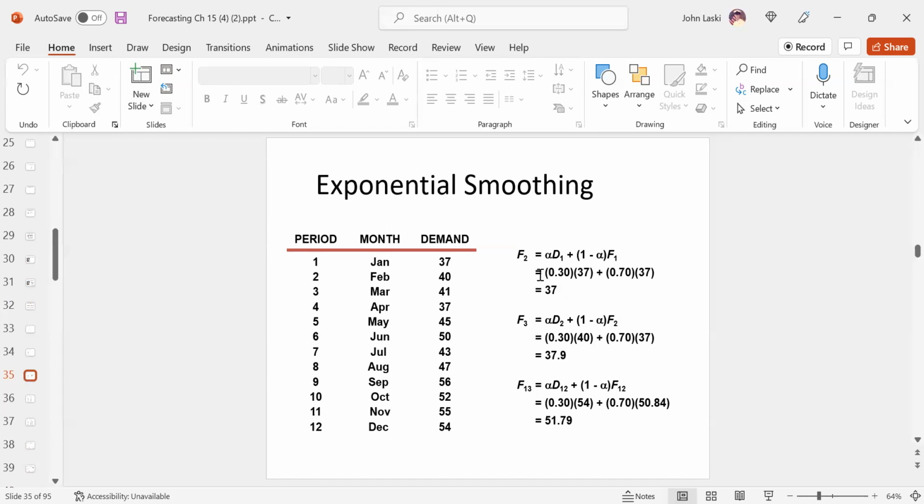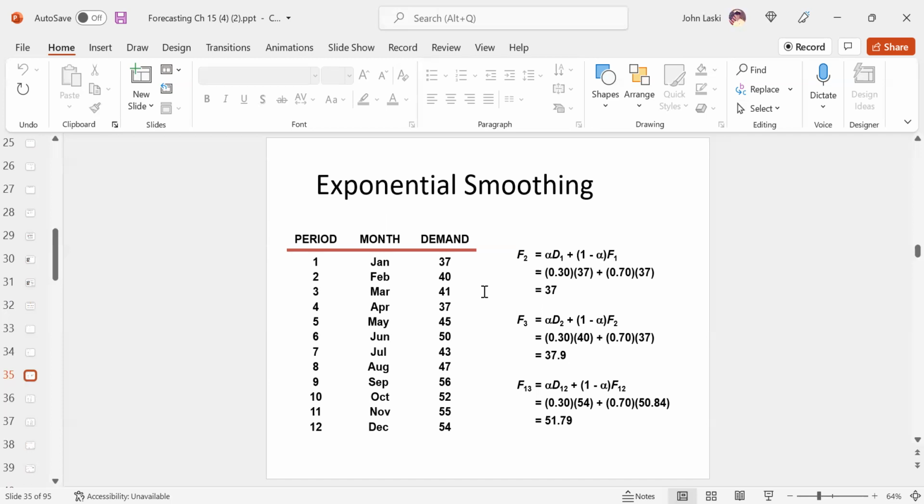Well, we just did that. We just came up with the forecast for period 2, 37. 30% times 40 plus 70% times 37. Do the math. The forecast for period 3 is 37.9. So that would go over here in the column we're creating.